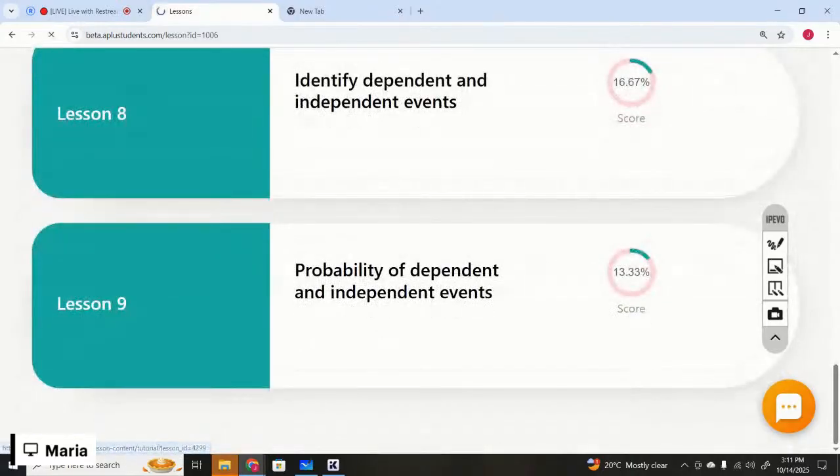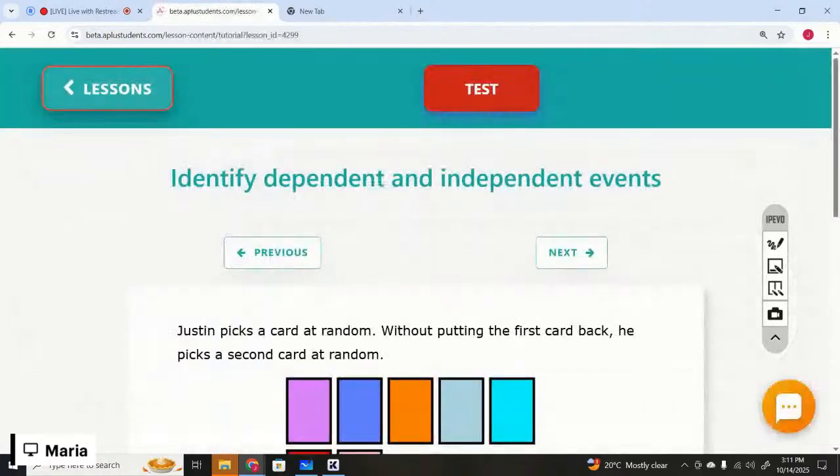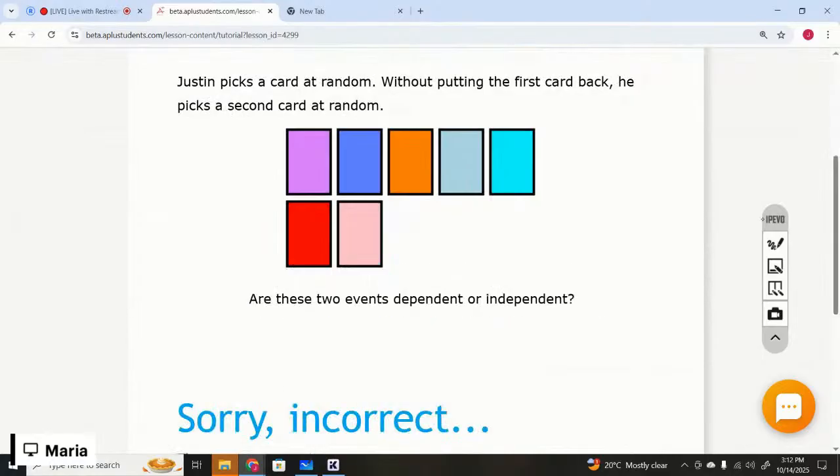Identify dependent and independent events.